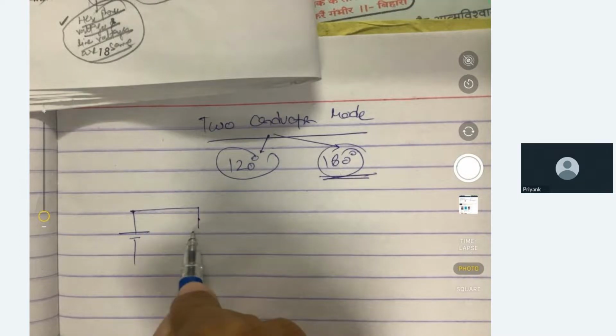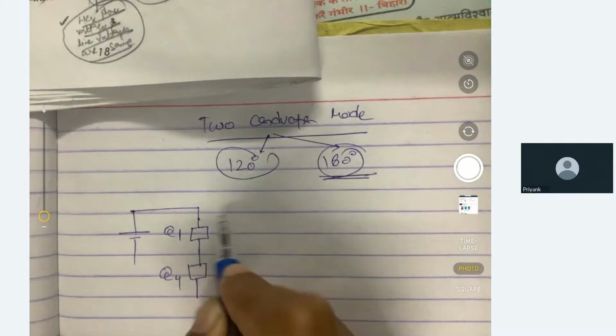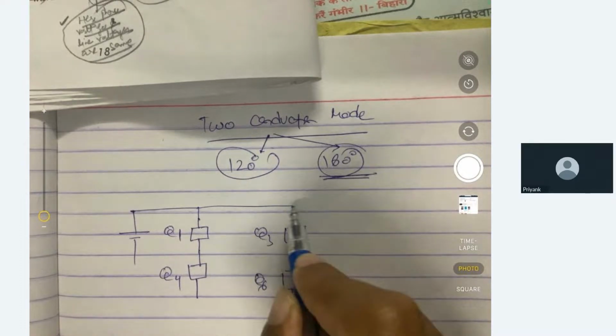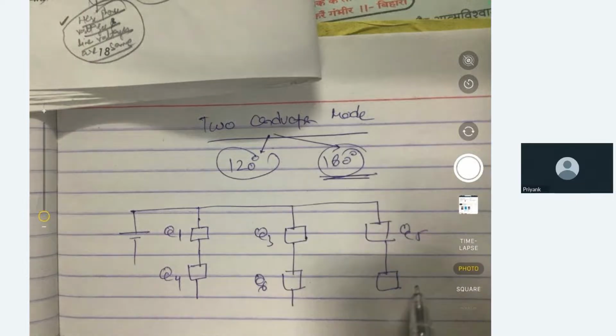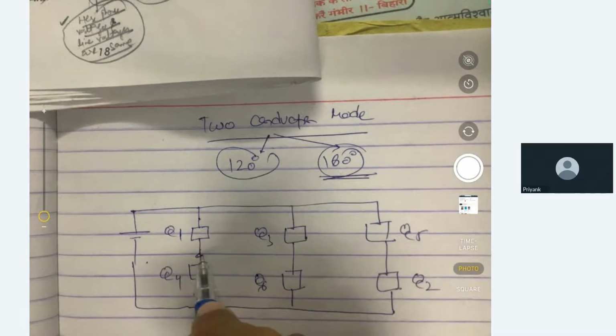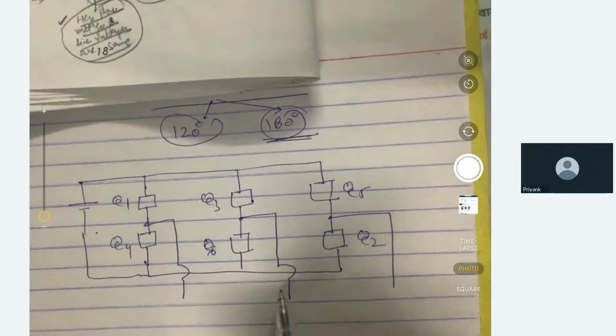The first switch is Q1. The second switch is Q4. Again the switch is Q3, the second switch is Q6. The third switch is Q5, and the second switch is Q2. Now they are having the star connected load.